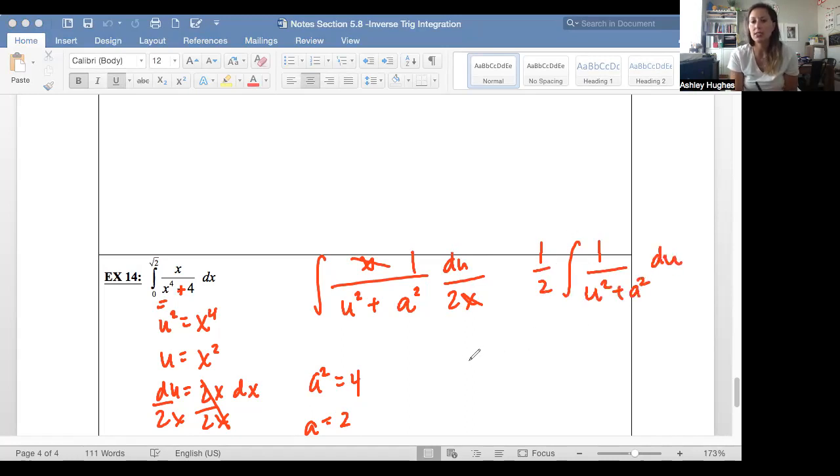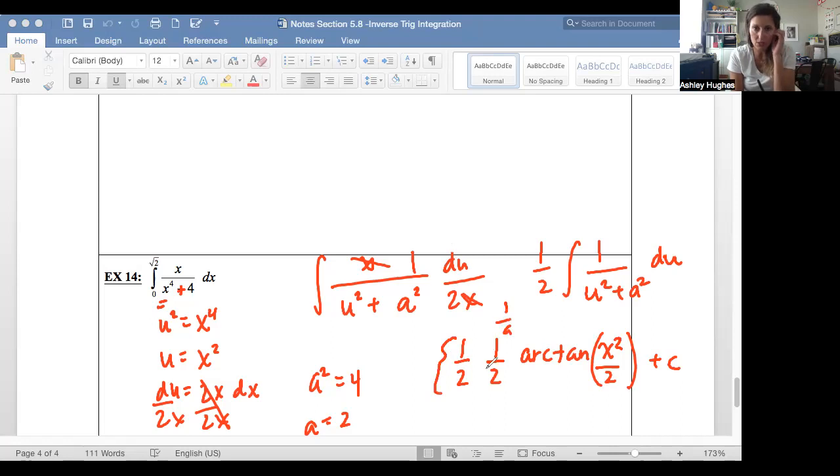So those x's cancel, so I have 1/2 times 1 over u squared plus a squared du. So this is arctan. So 1/2, and then it's going to be 1 over a arctan u over a. U is x squared over 2. This is your 1 over a, and this is because of the du, right? So I have 1/4 arctan x squared over 2.